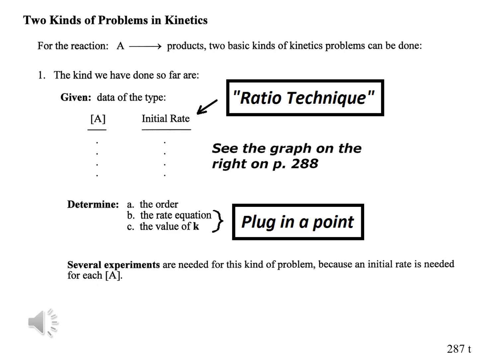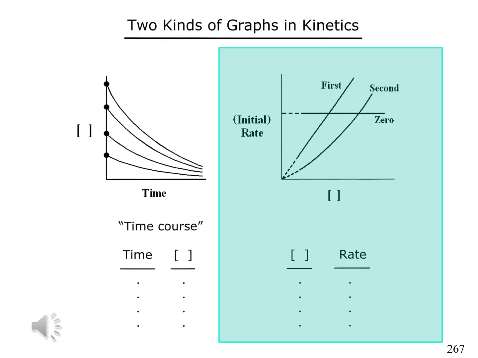If I give you the concentration versus rate, you're going to make the connection that you use the ratio technique. You do the ratios to get the order, and then you can plug in a point to get the value of K. We also did this problem with 2 reactants, and so you use the same process, except you keep one constant. That's the process for the second kind of graph here.